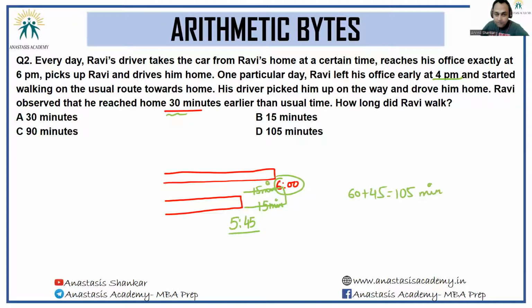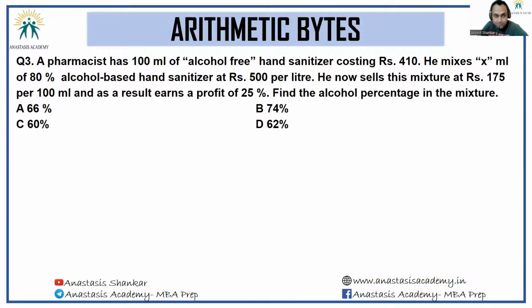In fact, you can also take out one more beautiful result. The distance that Ravi traveled in 105 minutes could have been traveled by the car in 15 minutes. So the speed of Ravi to the speed of the car is in the ratio 1:7. This result is also available to us, although it is not required for this question.